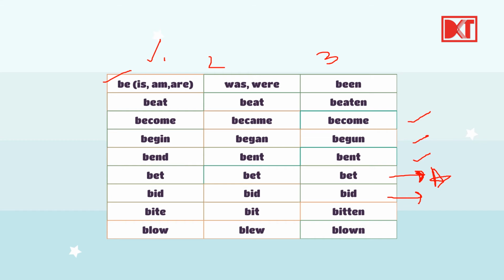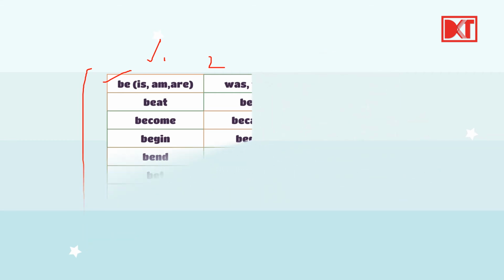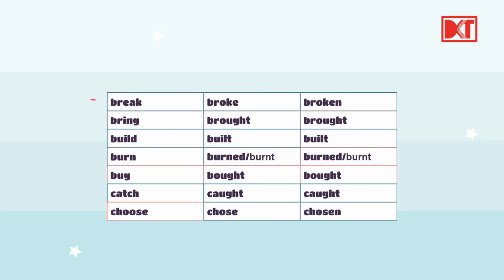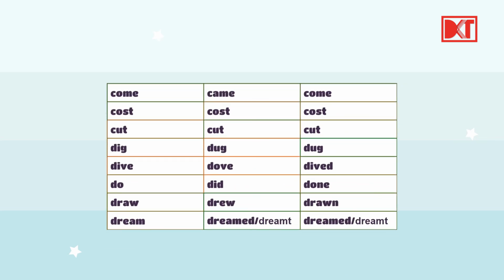So this is an example. I have provided a few more in the upcoming slides. I will just be reading the main verbs out to you. Here the verbs are break, bring, build, burn, buy, catch, choose. Here we have come, cost, cut, dig, dive, do, draw, dream.